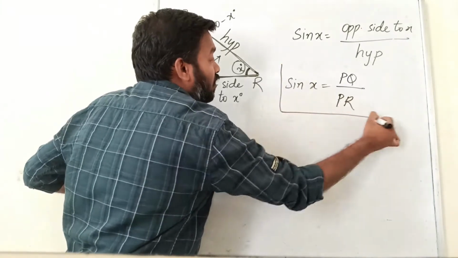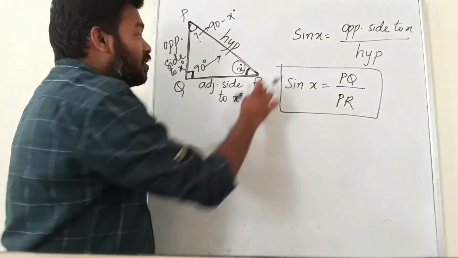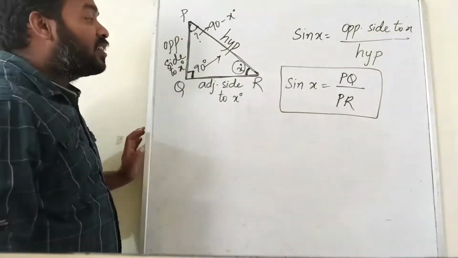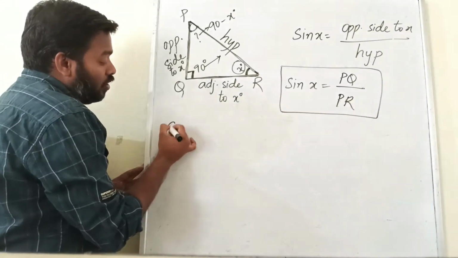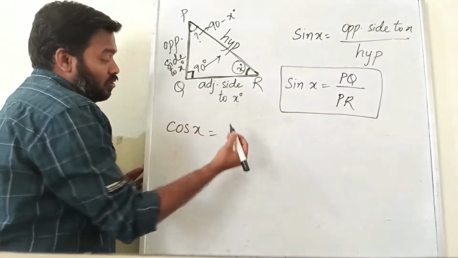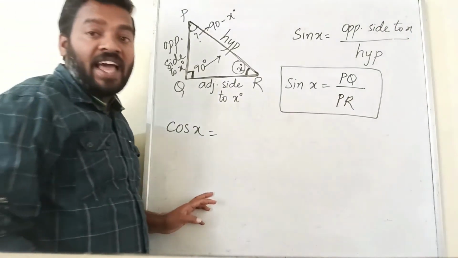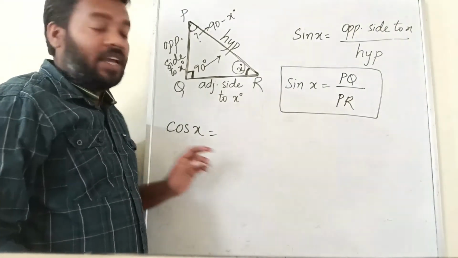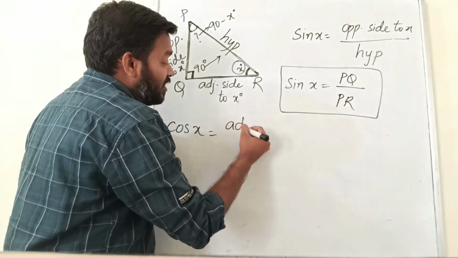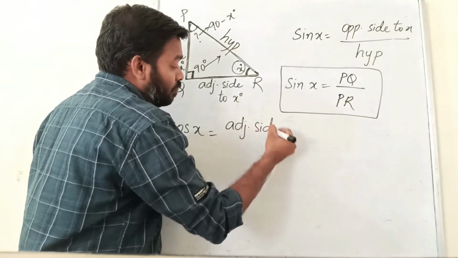This is our first trigonometric ratio, that is sin x. Next, we are going to find out cos x. What is the formula for cos x? Adjacent side to x by hypotenuse.